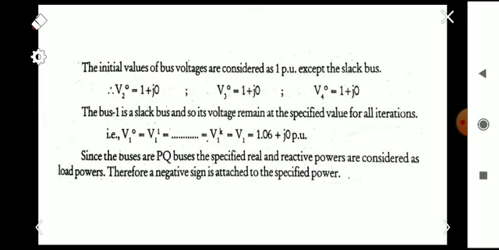But for a pure generator bus, the real and reactive power are always considered as positive, because a generator bus means it is generating power. So we are taking it as positive. In some cases, a particular bus has both load and generator, so in that case we have to take the difference, generation minus load, as the power.